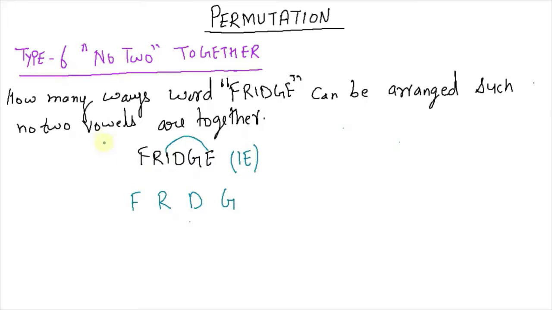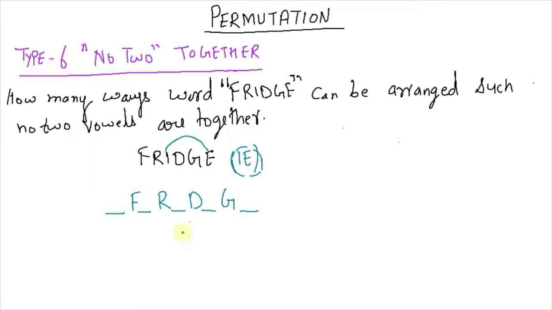Now the question says that no vowels can be put together. It means that if I is here, then E will be here, and so on. What are the places we have? We have 1, 2, 3, 4, 5 places, out of which these two can be arranged in different places.